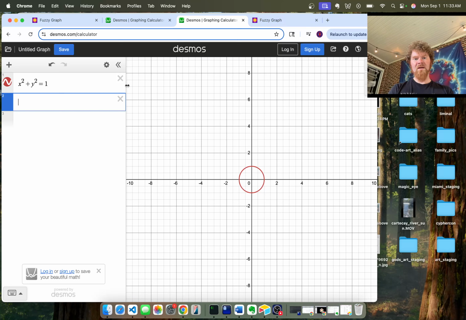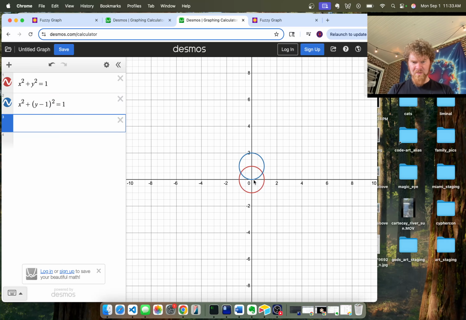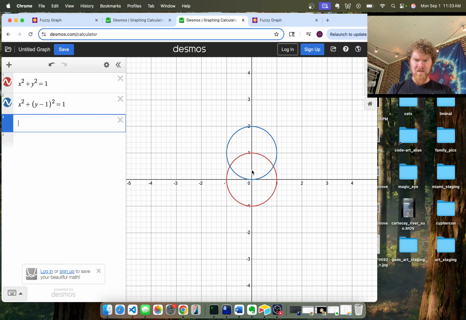Now we go x squared plus y minus 1 squared equals 1. That's moving up 1, putting the center there and drawing a circle there. Now we're going to move down 1.